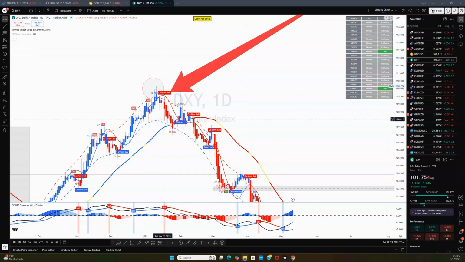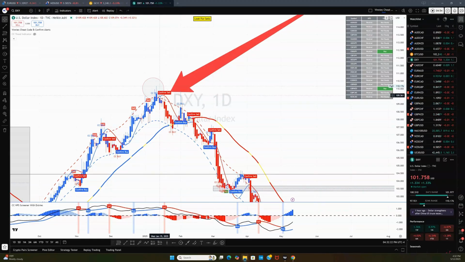So for an example here, we have a confirmation sell, and once we get that confirmation sell, that is telling us that price is ready to go in that direction. This means we don't have to predict what the market is going to do. We know what the market is going to do because the market is showing us what it wants to do.